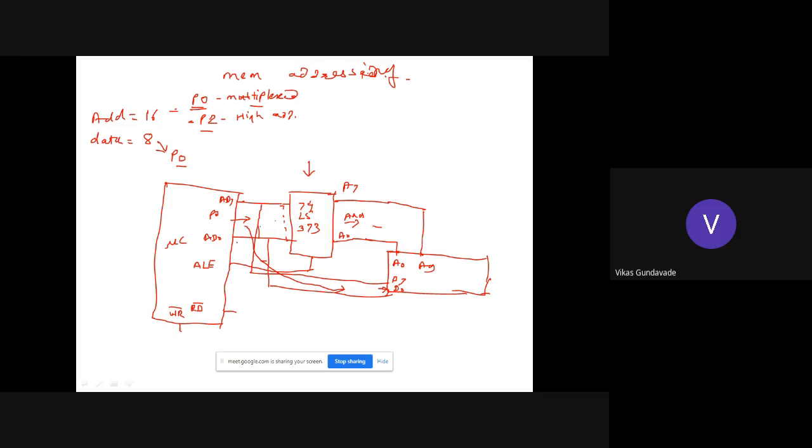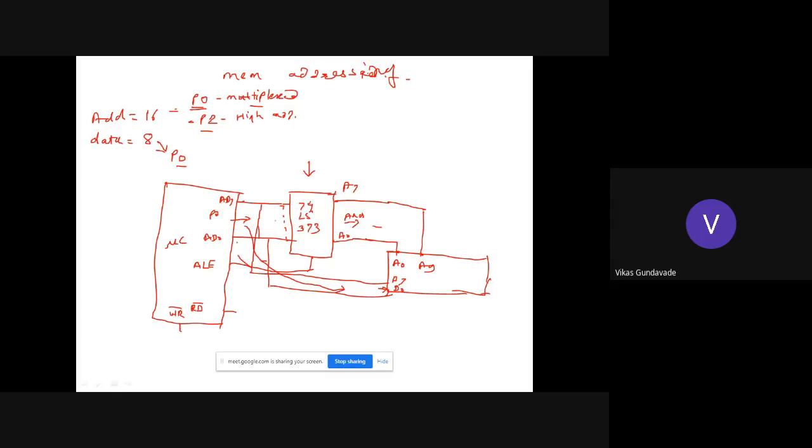When ALE is low, whatever data is available on these lines is either read by the microcontroller, or if the microcontroller wants to write data, it sends that data to the port and it is written here. So using the 74LS373 latch, the address and data lines are separated, or demultiplexed.